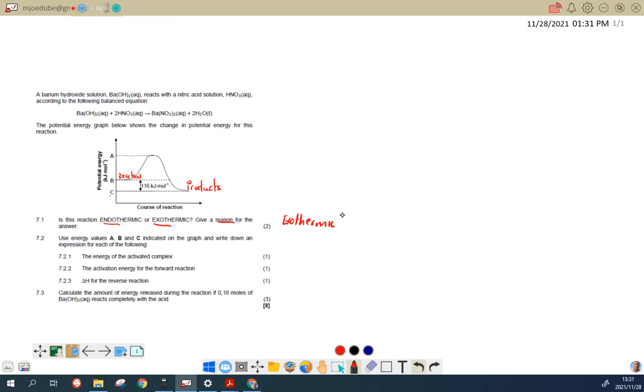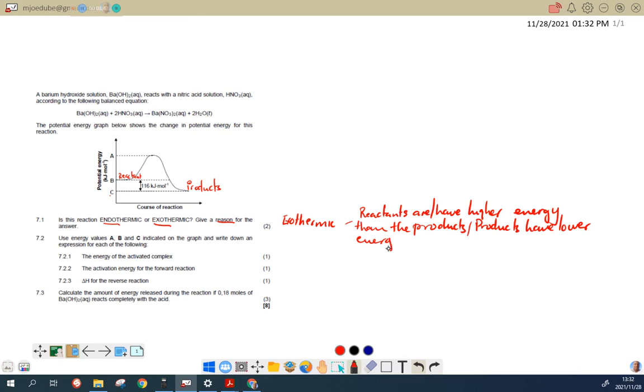It is exothermic because the reactants are at a higher energy than the products, or in other words, the reactants have higher energy than the products, or you could say that the products have lower energy than the reactants. So any one of those is good enough.